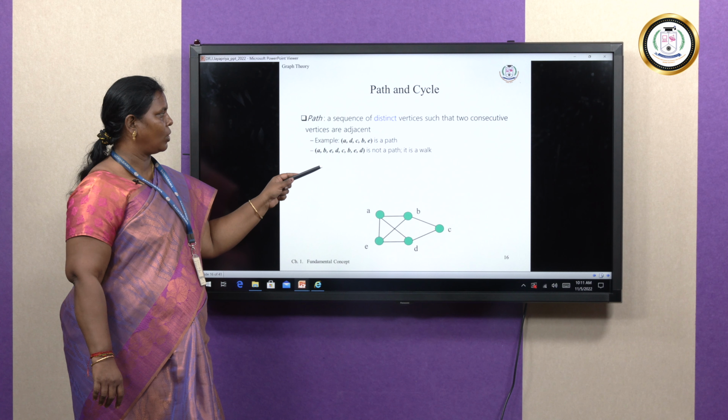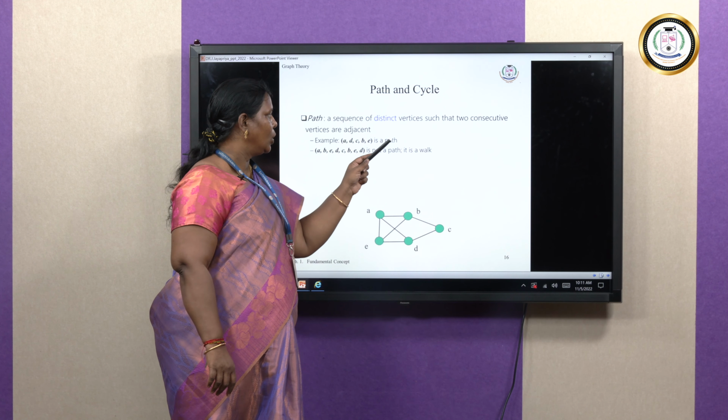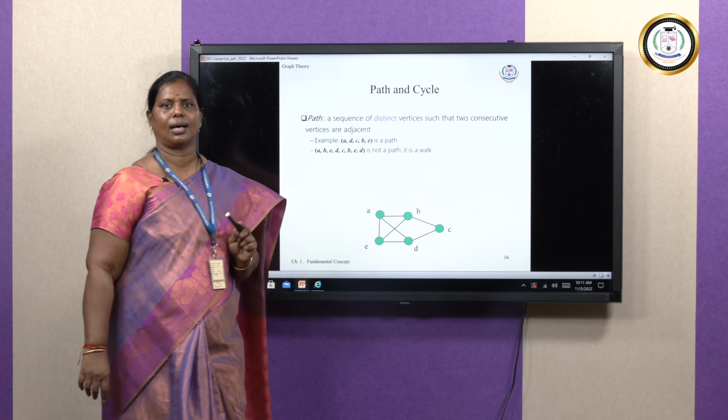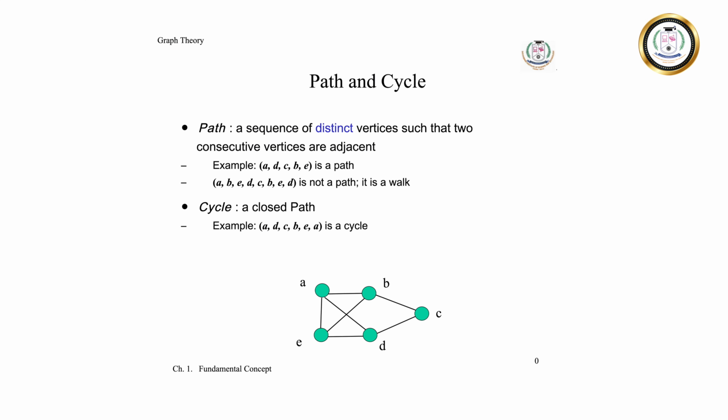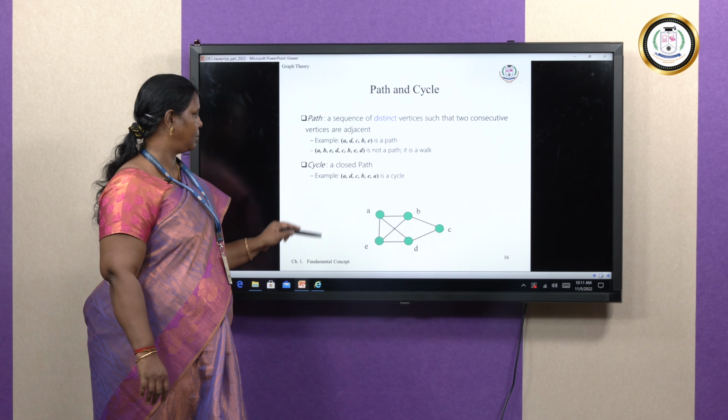Path means a sequence of distinct vertices such that two consecutive vertices are adjacent. Whenever you start at a point and come back to it, we call it a cycle.